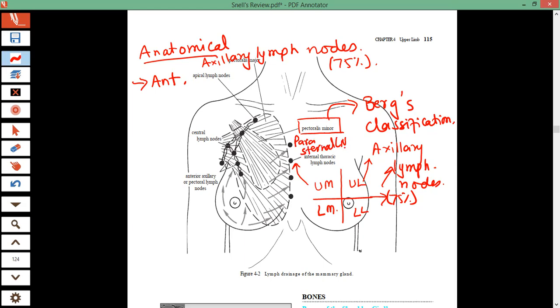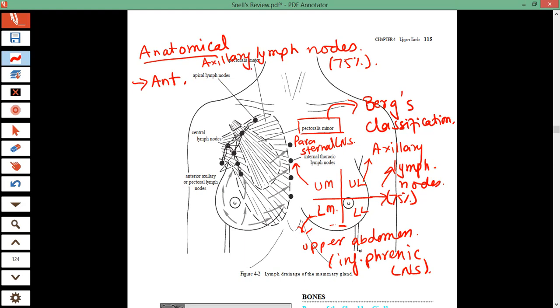Parasternal lymph nodes. Okay. And some of the inferior quadrants, for example, these are your inferior quadrants, can also drain into the upper abdomen lymph nodes, or you can write inferior phrenic lymph nodes also. Okay. First, these points are important.